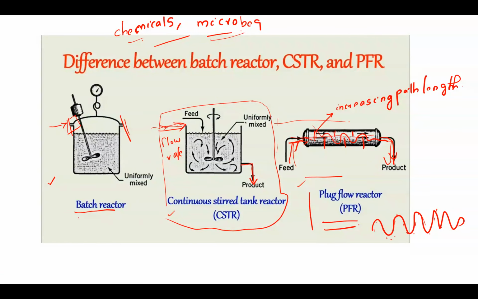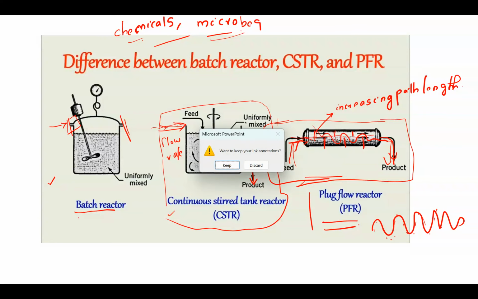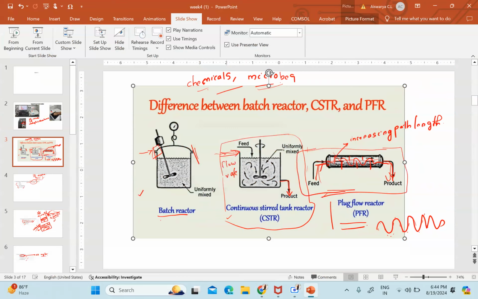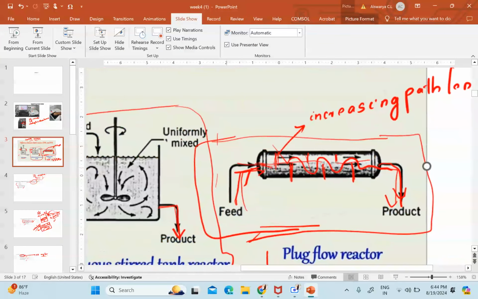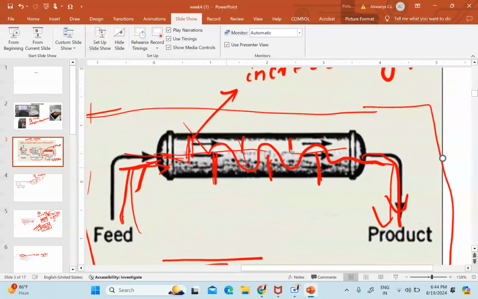And you have already seen the lectures on YouTube, right? Five lectures, right? Okay. So this is the plug flow reactor, which I explained to you, with continuous motion and baffles in between to increase the path length. Okay, now we go for the question.